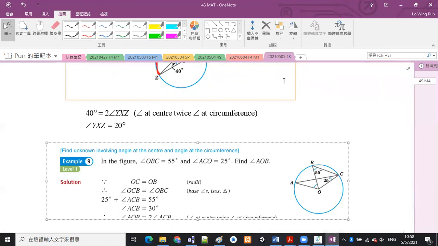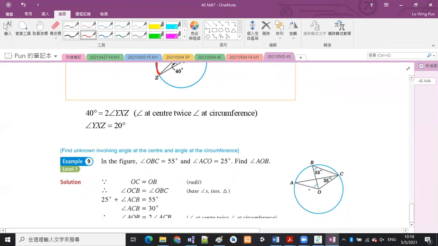AOB is an angle at center, and it is looking at the arc AB. Okay, this one is looking at the arc AB. Can you find any other angle in the diagram which is also looking at the same arc AB?